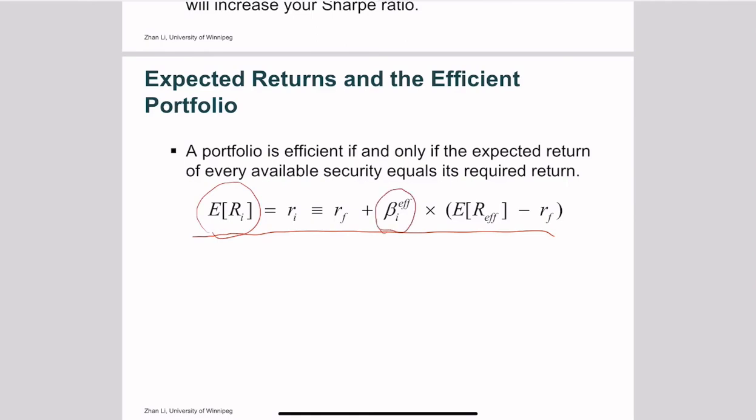And you also have to find out the expected return of the efficient portfolio, right? However, how can we find an exact portfolio which exists in reality, which is also efficient? How can we find such a portfolio, right? This is important, right? Because only with an efficient portfolio could we use a formula like this to find out the expected return of investment i.